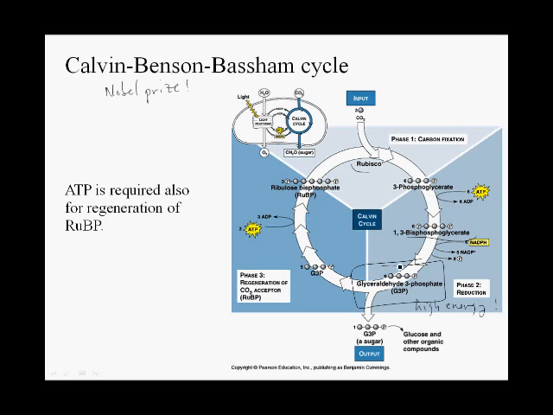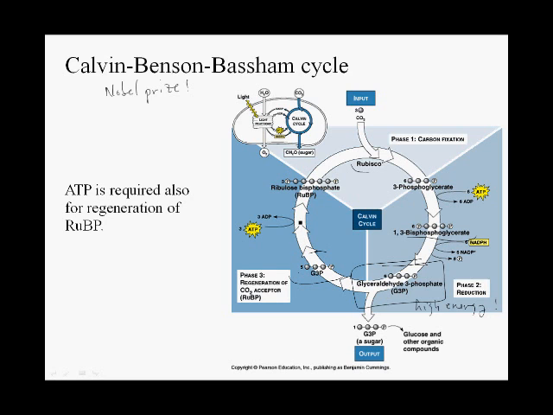These 6 molecules will then form 6 molecules of glyceraldehyde 3-phosphate. Let's say one of these glyceraldehyde 3-phosphates leaves the cycle, and we are then left with, in the chloroplast, 5 molecules of glyceraldehyde 3-phosphate. So these 5 molecules have 15 carbons. 5 3-carbon sugars give you 15 carbons total.